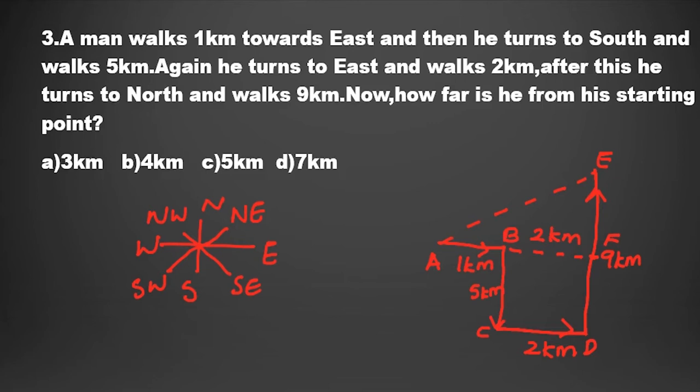Similarly, DF is also 5 kilometers. DE is already known, that is 9 kilometers. DF is 5 kilometers. And we can find out EF. It is 9 minus 5.